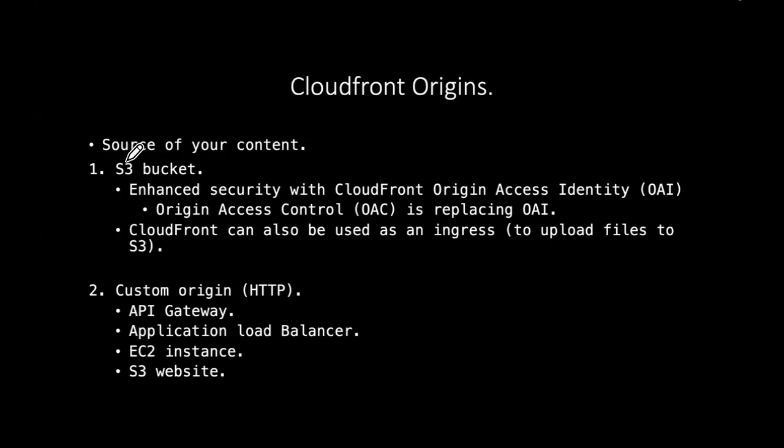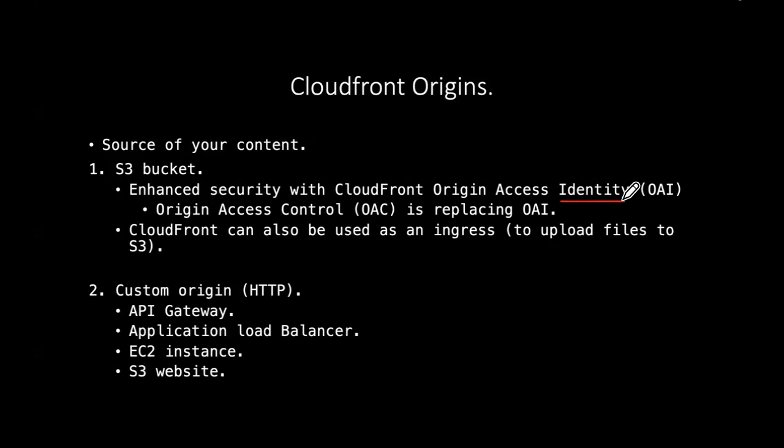And so to do that, you have to create what's called an origin access identity. It's kind of an odd name, although it's also referred to as an origin access control. This is kind of the newer name for it. This was the older name, although identity is kind of useful in the name.